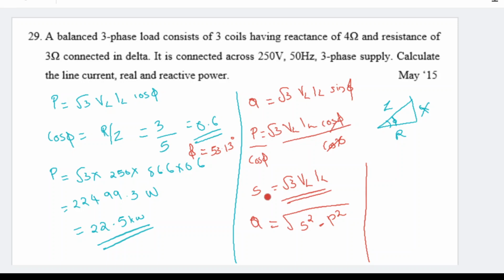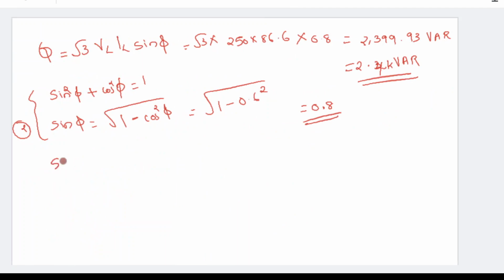And in the third method we can find out S. So what is S? S will be equal to root 3 VL IL, isn't it? So that is equal to root 3 into 250 into 86.6, which is equal to 37,498.8.